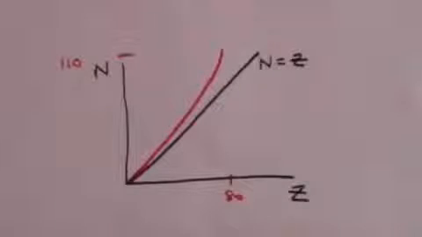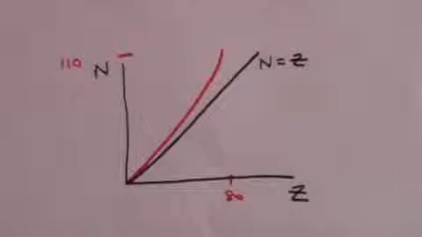But how many neutrons can each atom have? The chart shows the line of stability, that's the red line, and it's the number of neutrons that can exist with the given number of protons so that the element is stable.